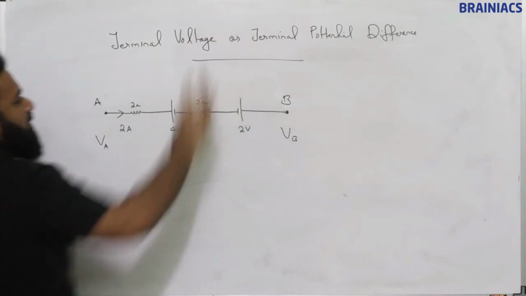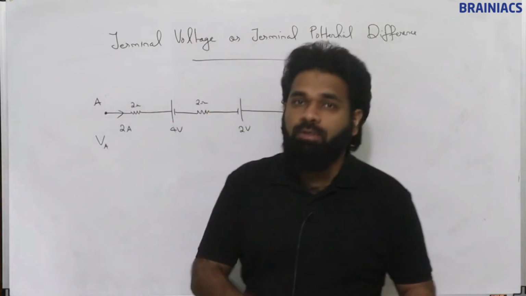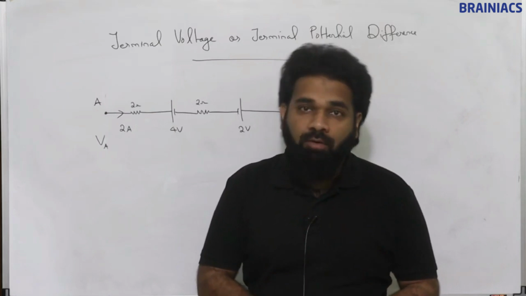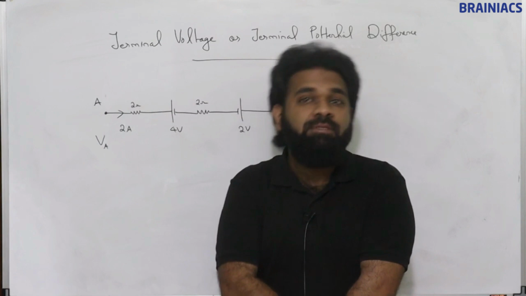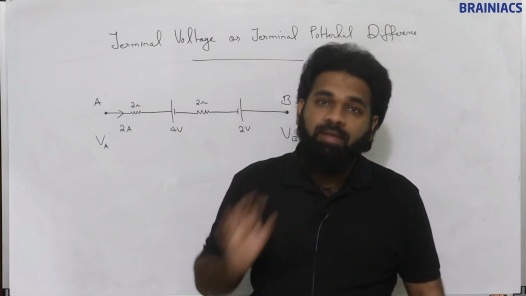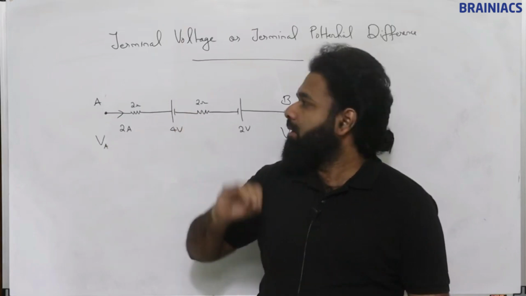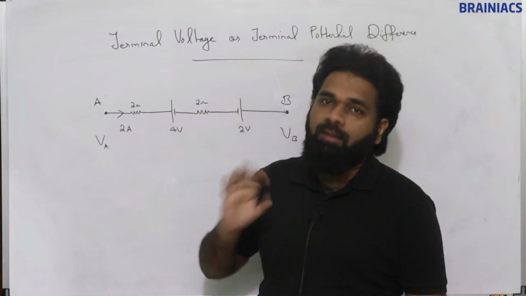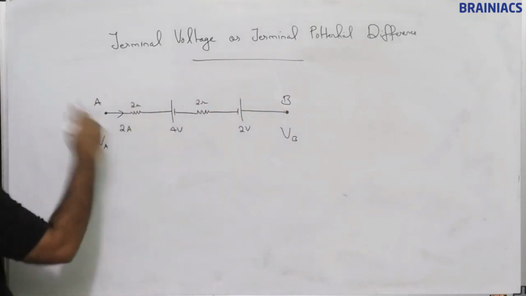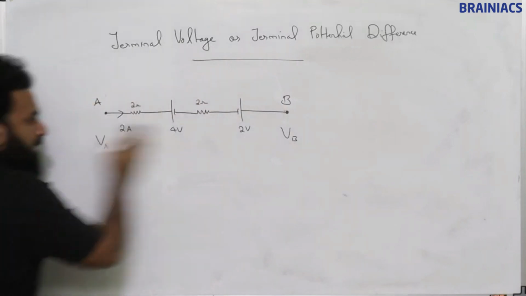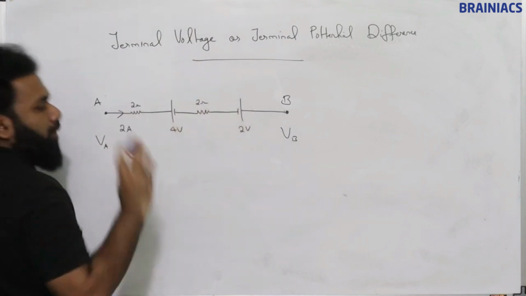This is how the current is flowing. Now I am going to give you a small introduction about the sign convention we are going to follow throughout this chapter. You can follow the same sign convention so that there won't be any confusion. When we move to KCL, KVL, this is going to come enormously. So current flows from higher potential to lower potential.